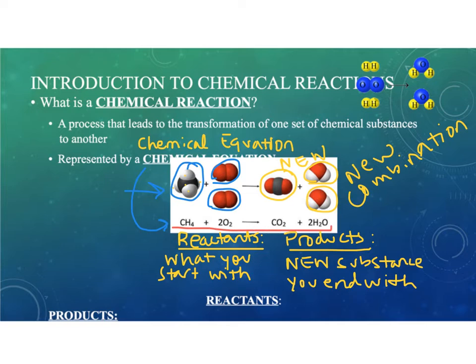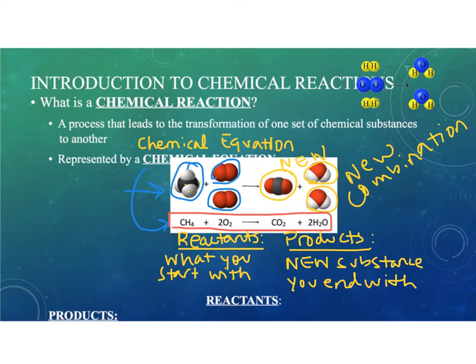That is what we call the chemical equation. It's like a little shorthand way to represent what's going on in this substance. So in this reaction, we have methane reacting with oxygen to make carbon dioxide and water. Now, instead of writing out methane plus oxygen, like the whole words, we're going to use what's called a chemical equation and symbols.